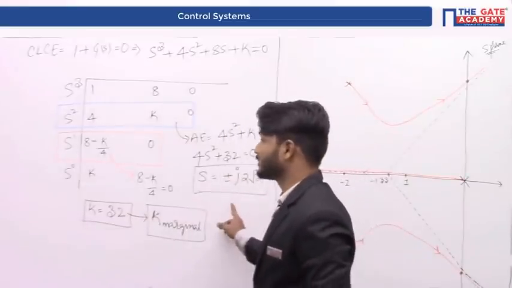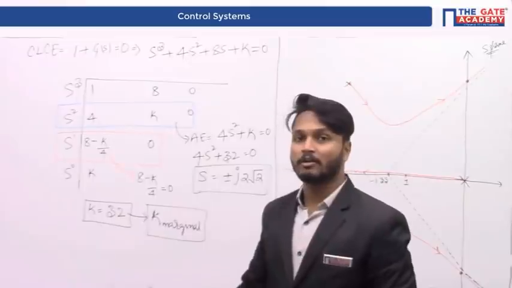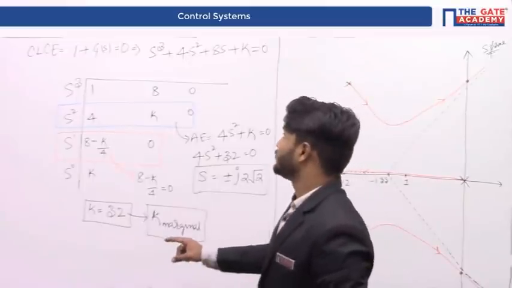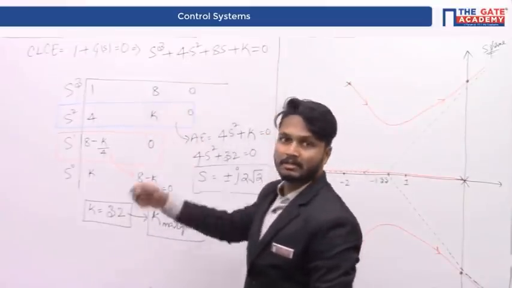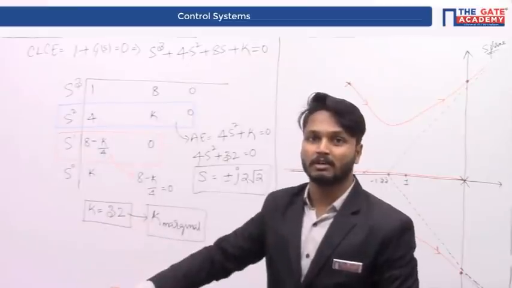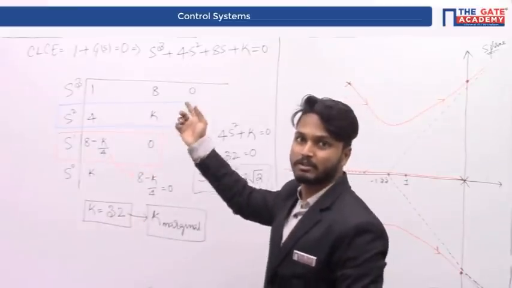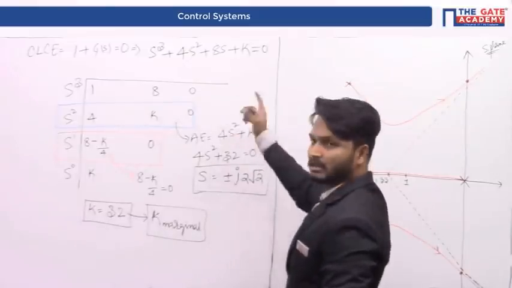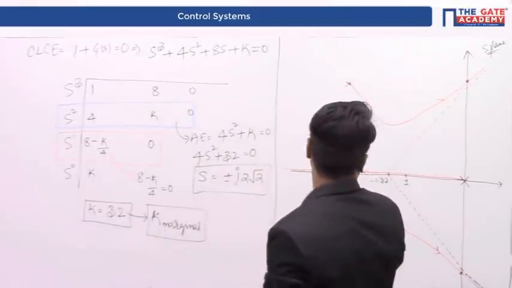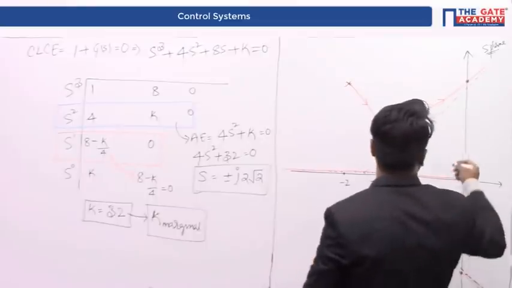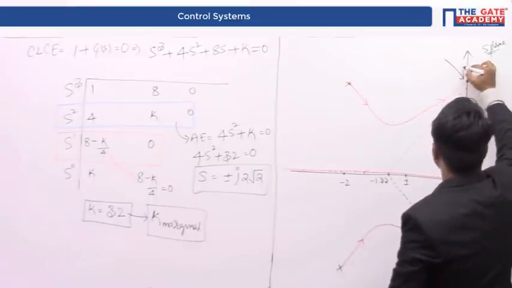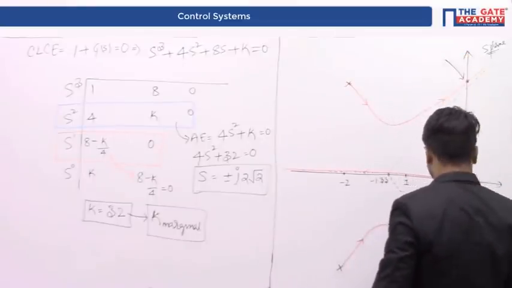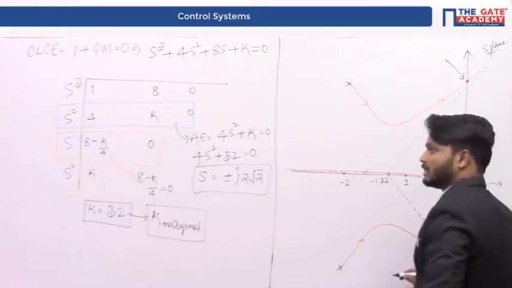We have already discussed in the previous question that the auxiliary equation is also a factor of the characteristic equation. Therefore, roots of the auxiliary equation are roots of the characteristic equation as well. These roots are nothing but the points of intersection of the root locus with the imaginary axis.